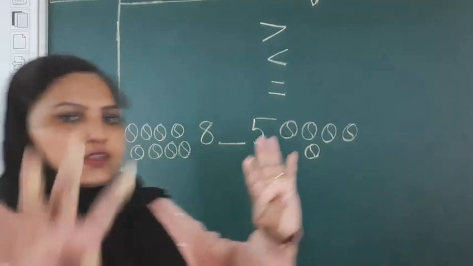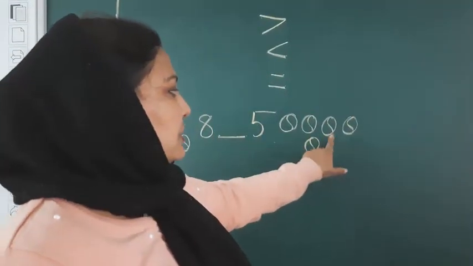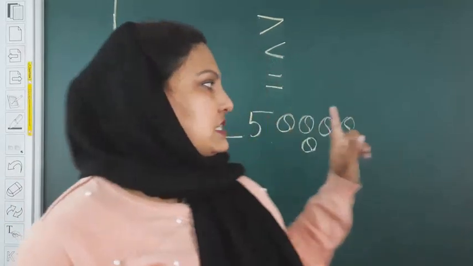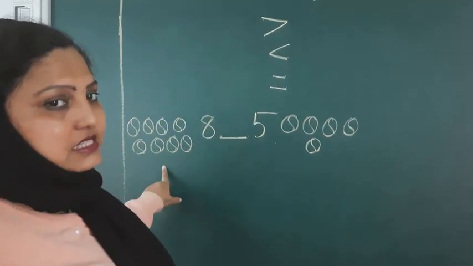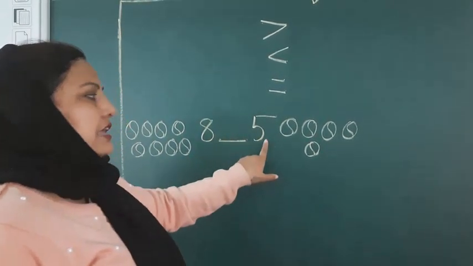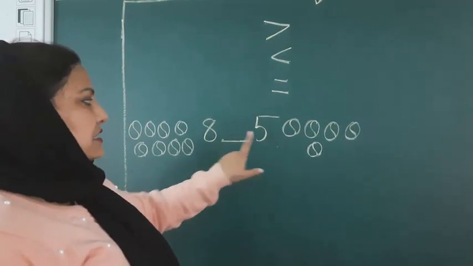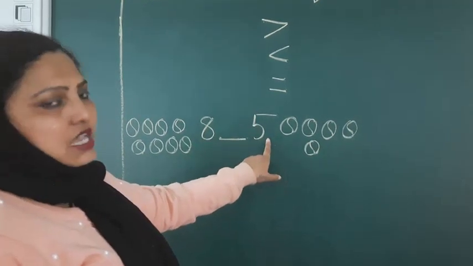These fingers you can see, 8. Now we will count 1, 2, 3, 4, 5. Only 5. So this one is less and this one is greater. ये बड़ा है and this one is small, छोटा है. This is big, this is small. Means 8 is big and 5 is small.